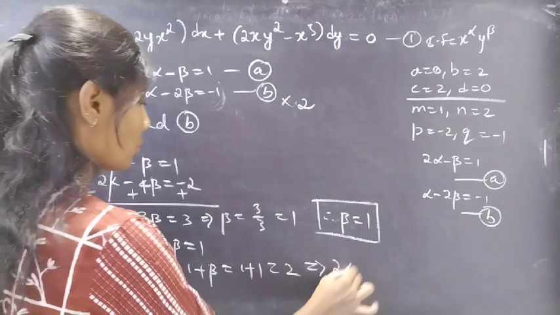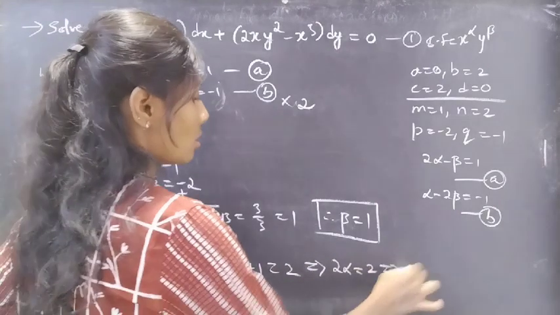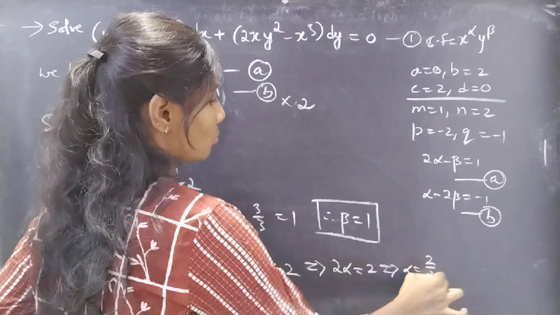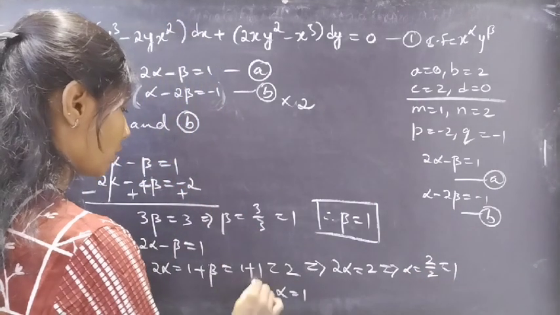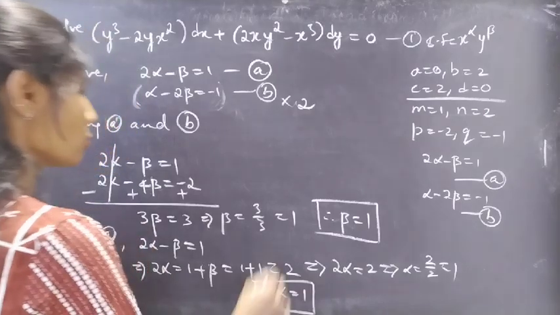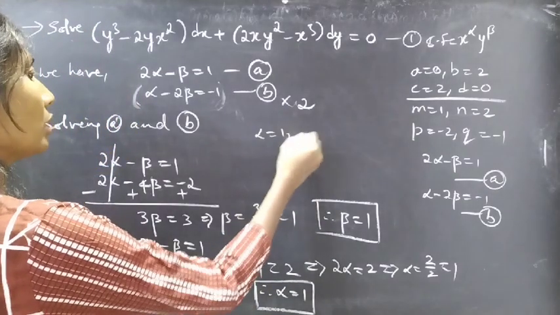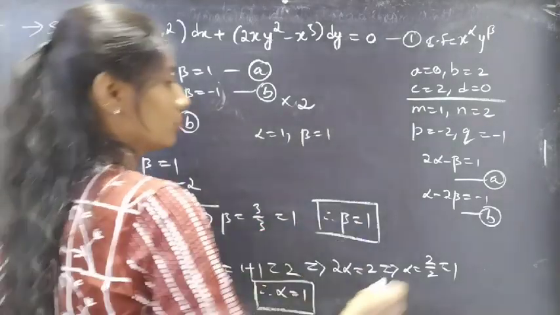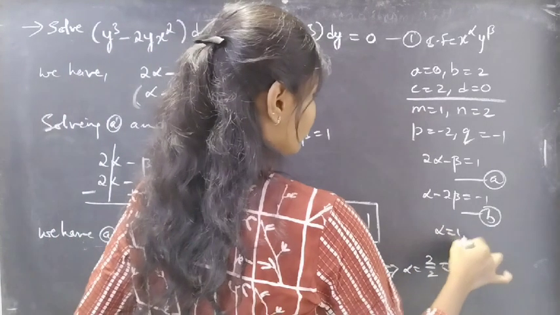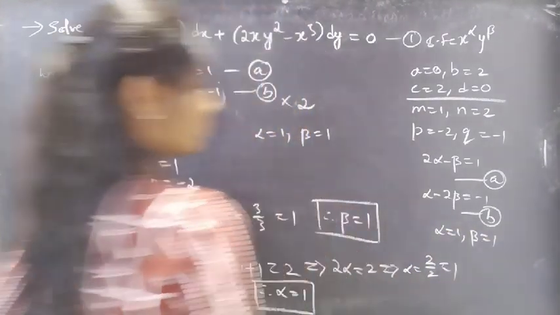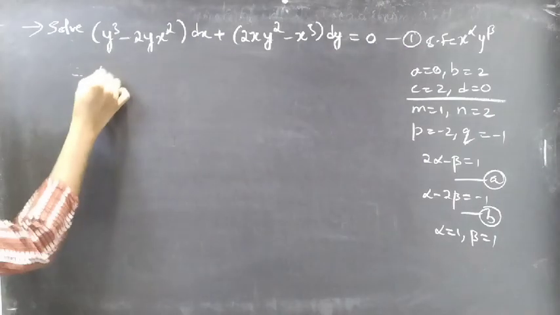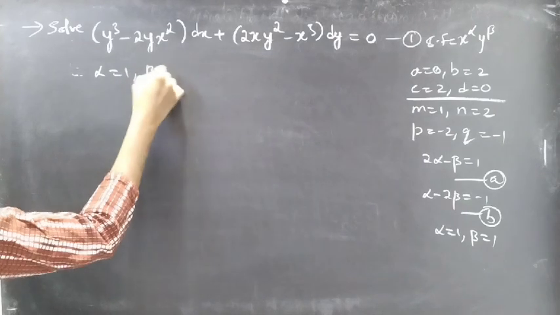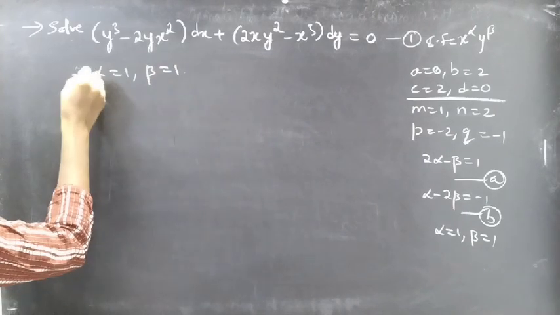From this we got 2 alpha equal to 2, which gives us alpha equal to 2 by 2, 1. Therefore, alpha equal to 1. So we got the values of alpha and beta. Alpha is 1, beta is 1.